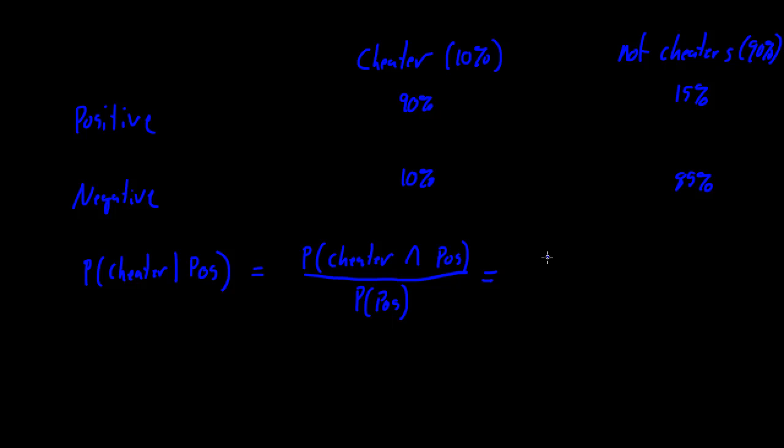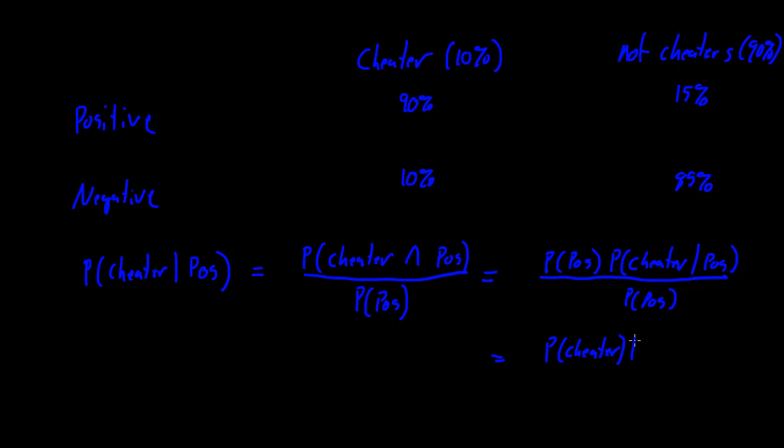So we can say that this is equal to the probability that they got a positive result multiplied by the probability that they are a cheater given they got a positive result, divided by our same probability of a positive result. Or we can break it down and say what's the probability that someone is a cheater times the probability that they got a positive result given they're a cheater, divided by the probability of a positive result.